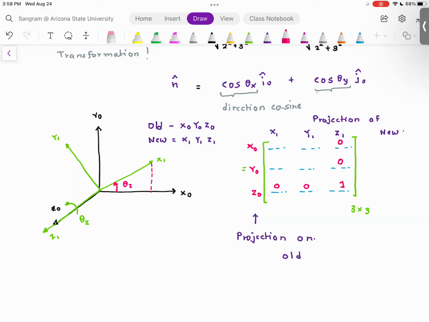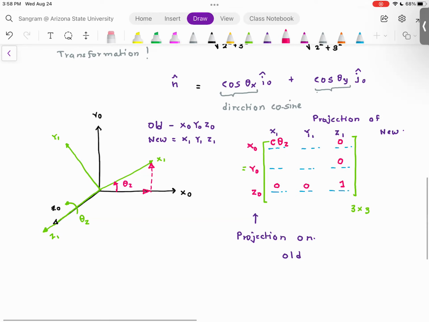I will show you. Can you see that this is cosine theta z? Agree or no? Okay.